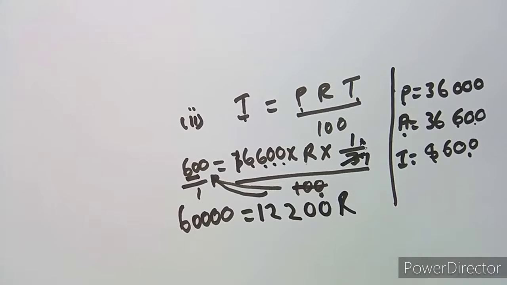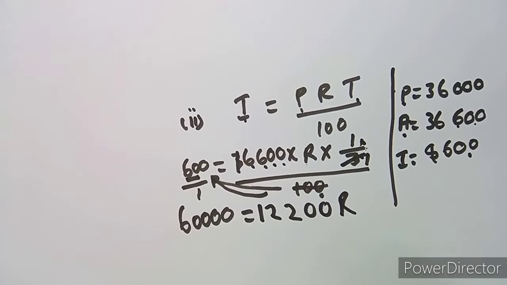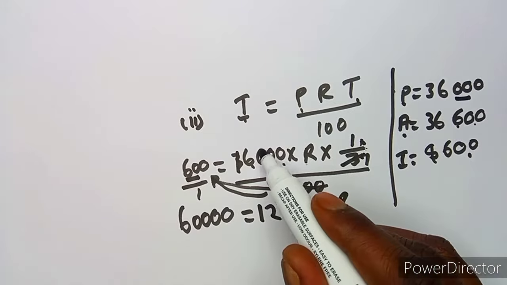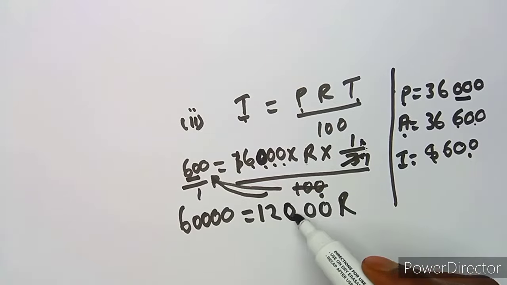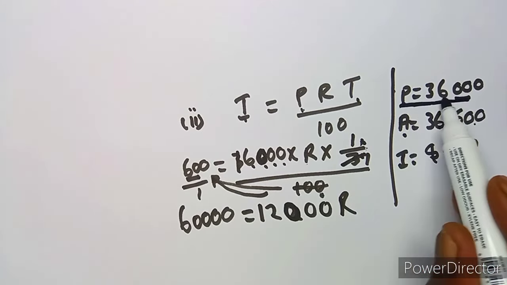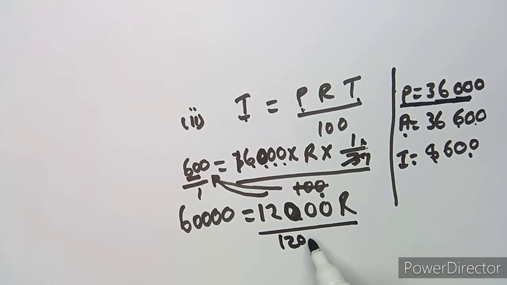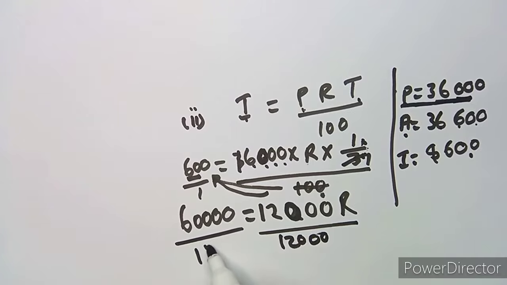In this case, guys, sorry, I've shifted. This is 36,000, our principal, guys. 36,000 here. I hope someone saw this earlier on to say, no, this is our principal, and we have already P as 36,000 there. All right, so you're going to divide by 12,000 on both sides.